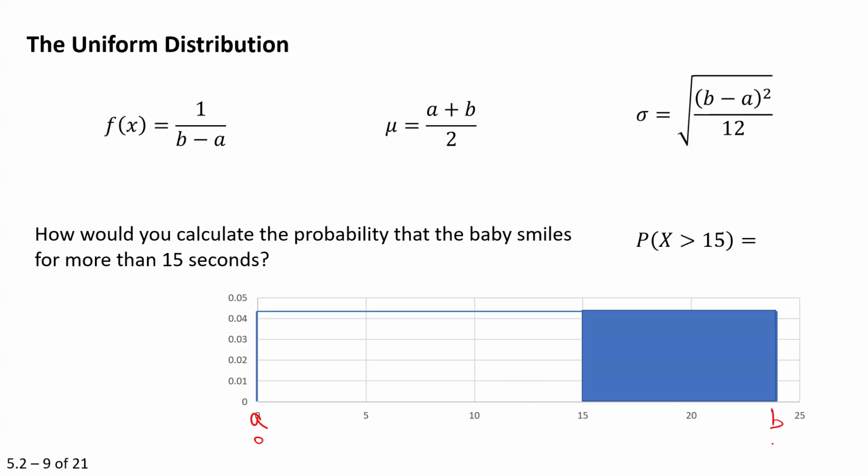What's B? 24. What's C? C is 15. And what's D? Also 24. Yeah. So A and B span the whole rectangle. C and D span just the shaded rectangle.